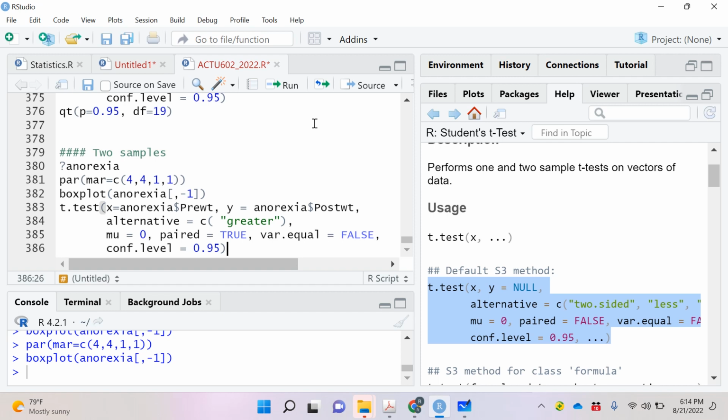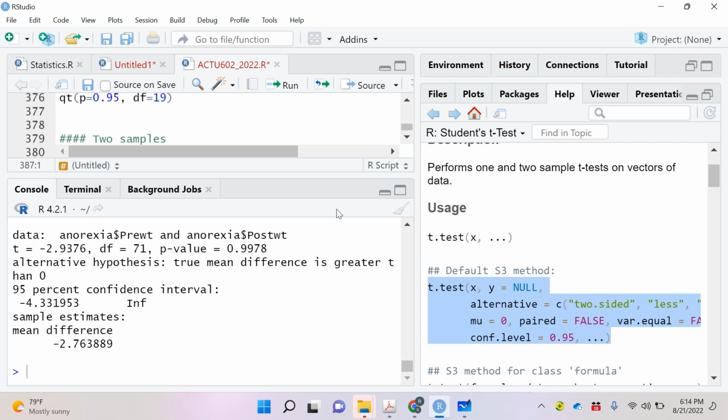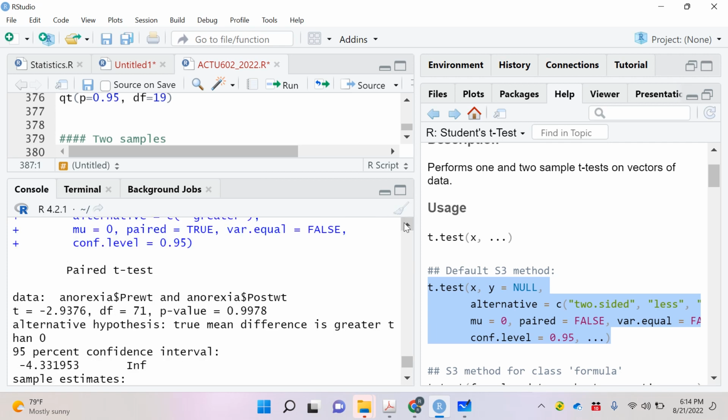If you have done it, let's run it. We'll get our results again. Now, if you look at it, what do you see? It says paired t-test. We took before and after measurements of each. The data gives us anorexia and pre-weight, post-weight.